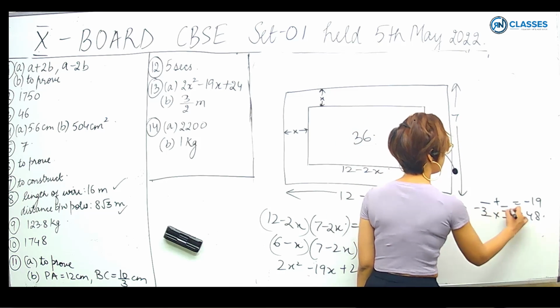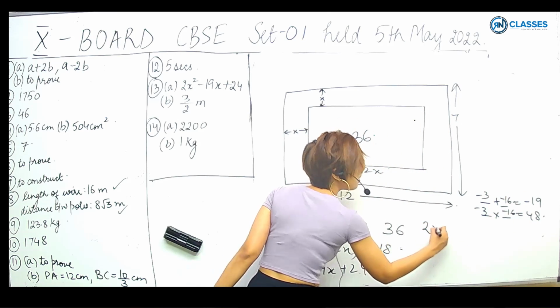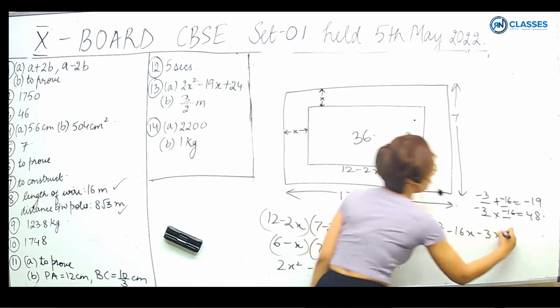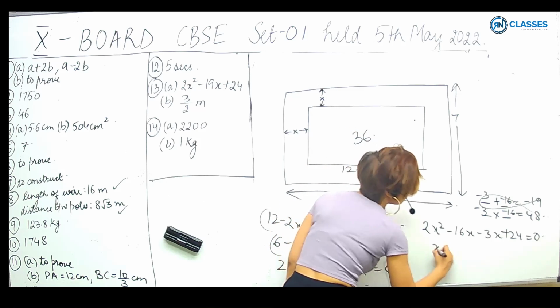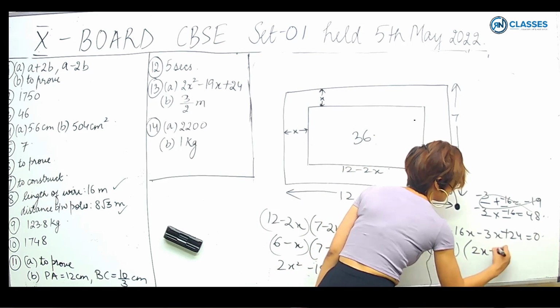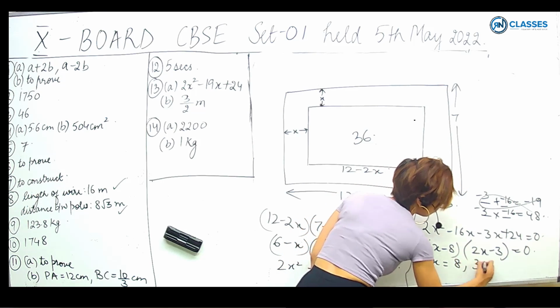So, minus 3, minus 16. So, I can break it up. 2x square minus 16x minus 3x plus 24 equal to 0. Take common out. One factor is x minus 8 and the other factor is 2x minus 3. X is either 8 or 3 by 2.